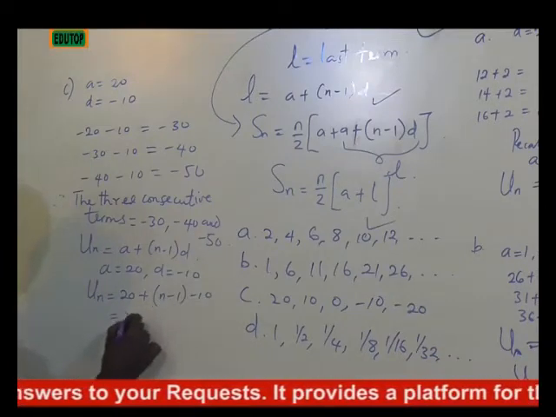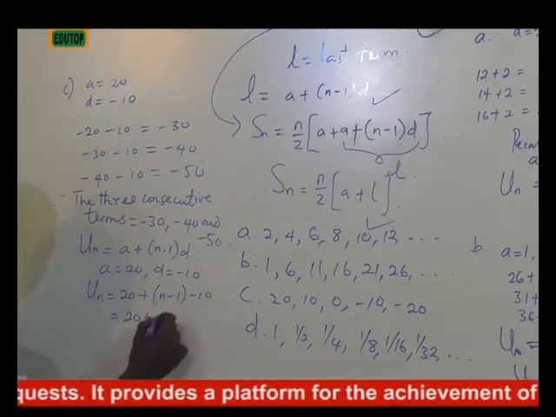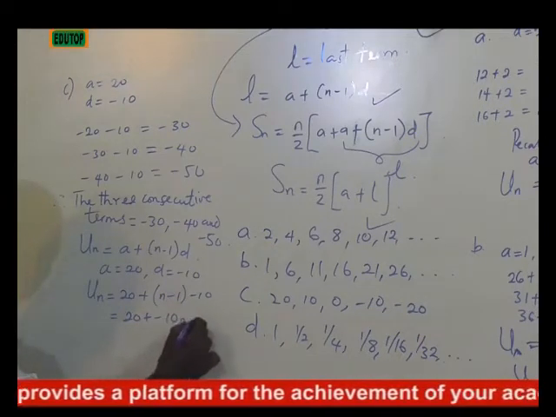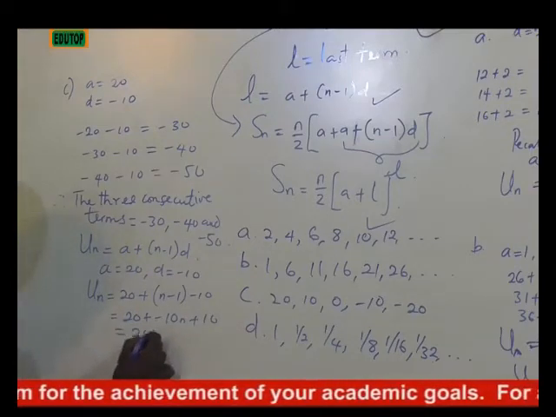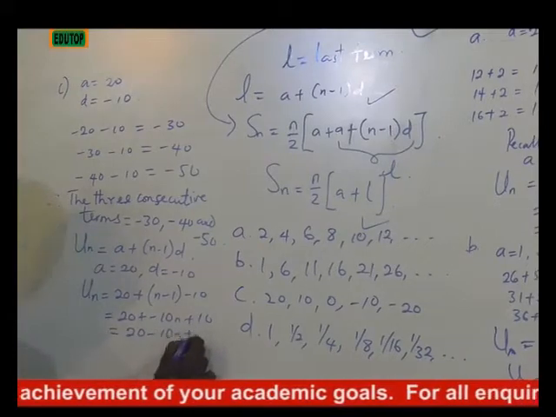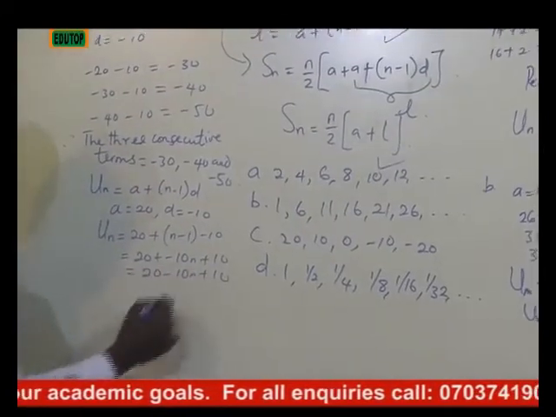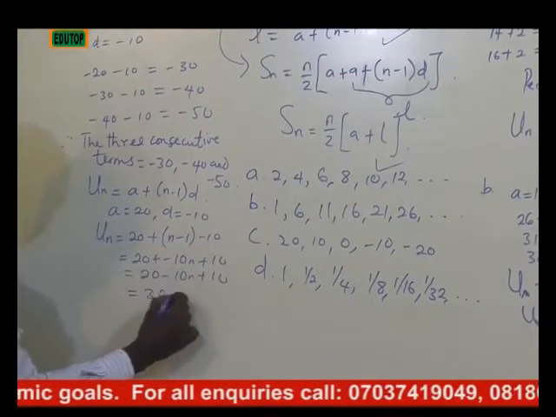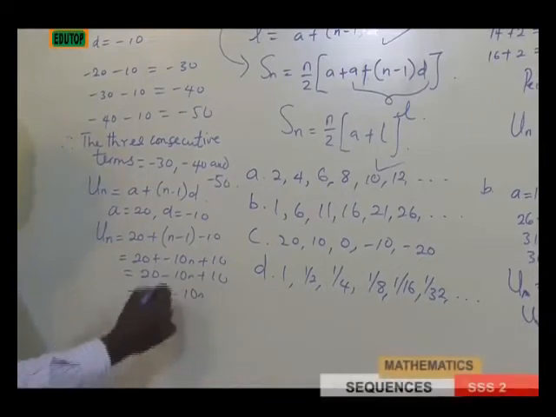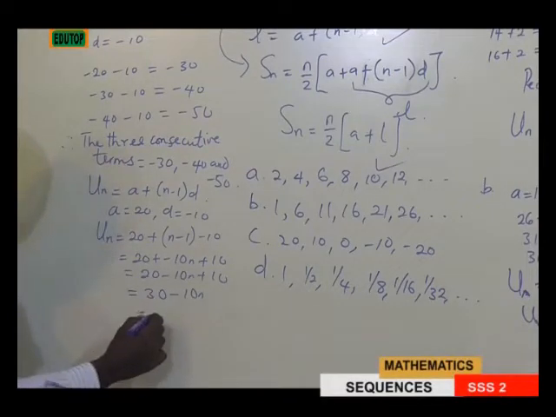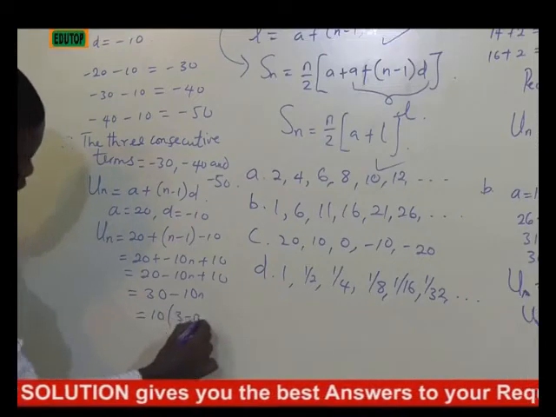If we open this and evaluate, that gives us 20 minus 10n plus 10. So 20 plus 10 gives 30 minus 10n. So this is the rule, which can also be simplified as 10 into (3 minus n).